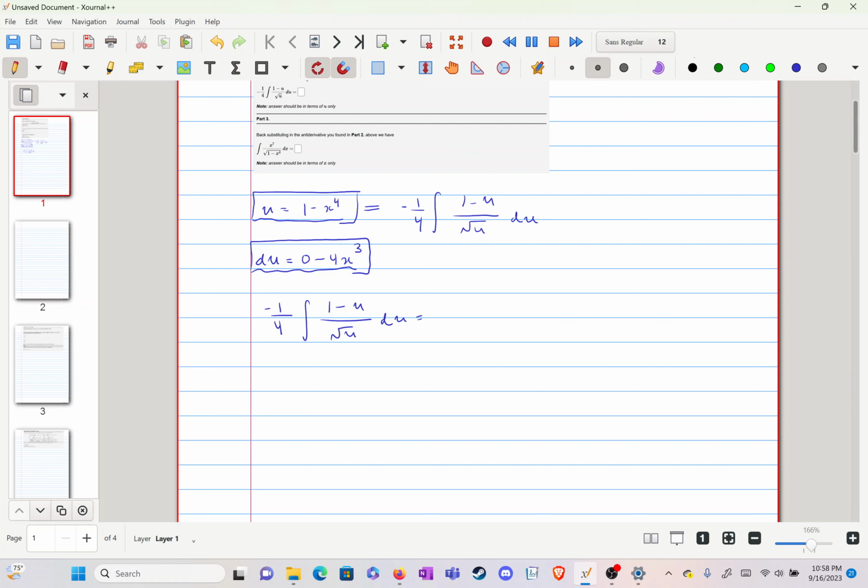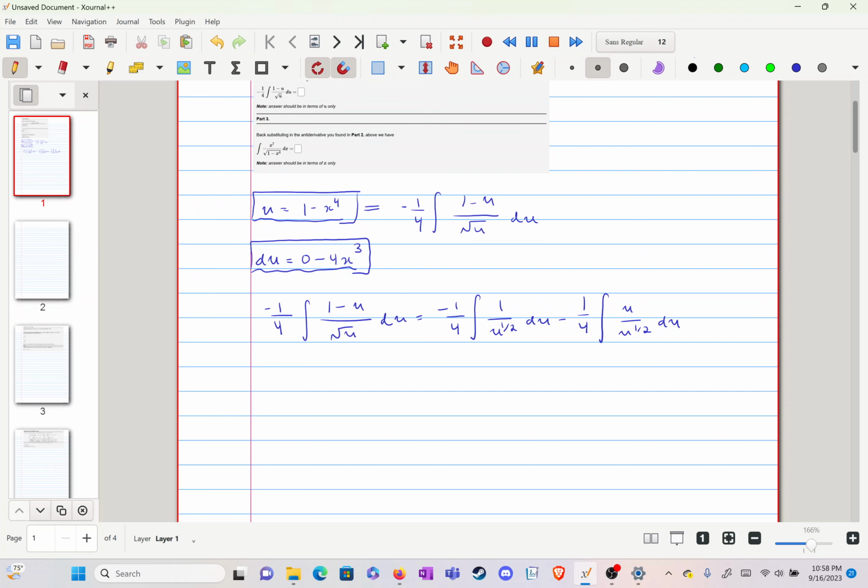So we're going to have 1/4 times the integral of 1 over u to the 1/2 du, minus 1/4 times the integral of u over u to the 1/2 du. Now remember, always write your square roots so we can see the power. It's a lot easier to evaluate the integral that way. That's just my personal preference. You don't have to, but that's okay.